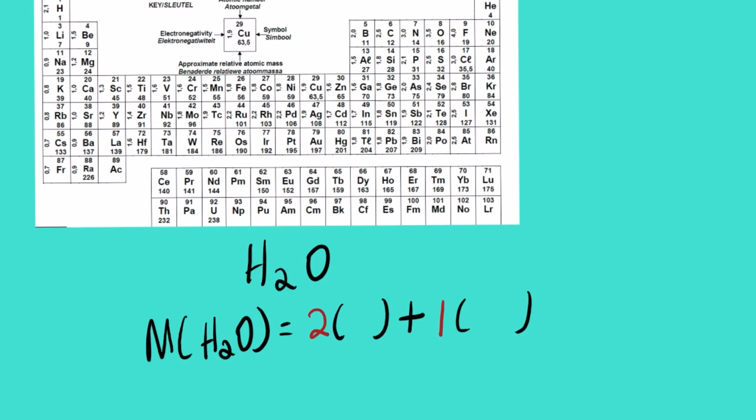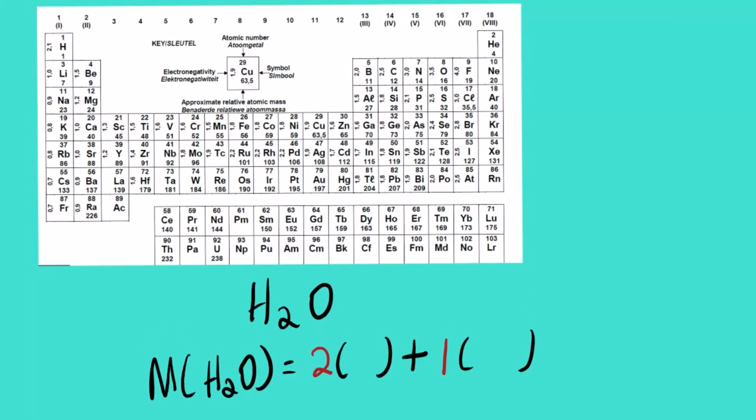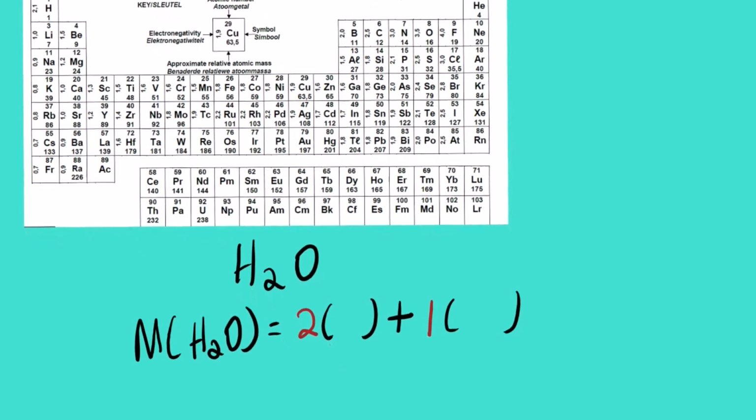Now inside the brackets, what do we put? Now we look at the periodic table. Locate hydrogen. Hydrogen is element number 1. Now look at the relative atomic mass of hydrogen. It's 1. So inside the bracket we are going to put the atomic mass of a single hydrogen atom.